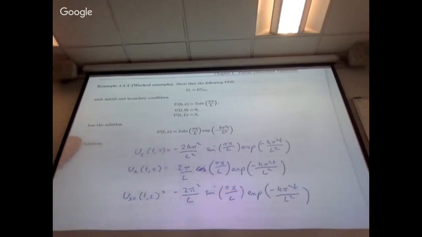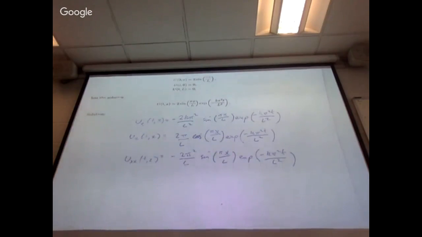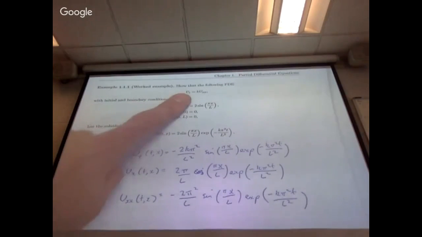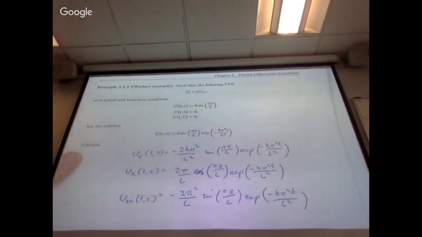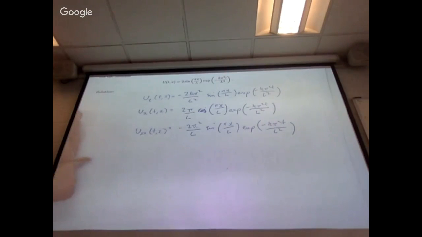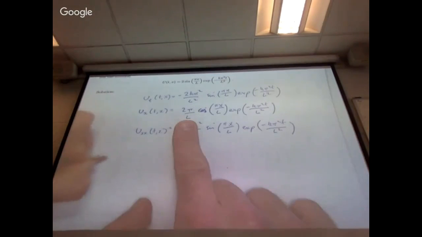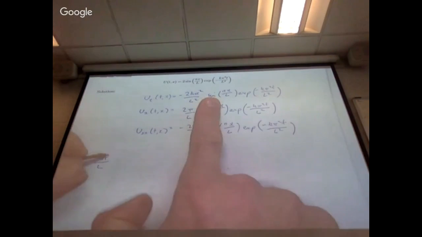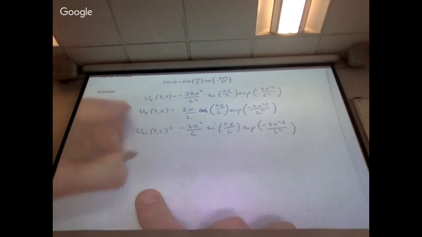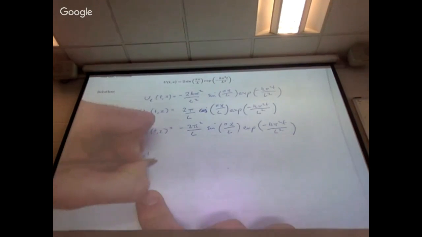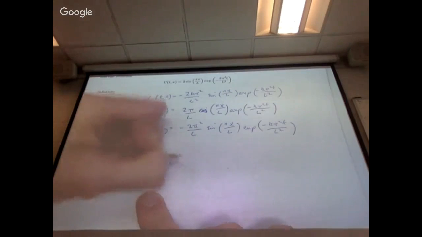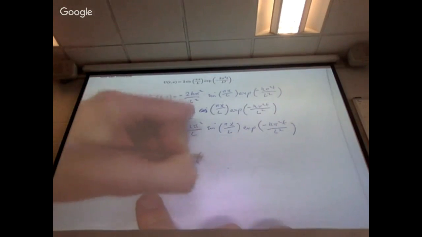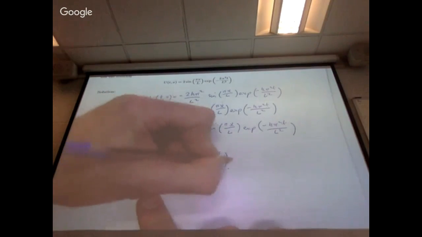Okay, so if I put it together, my equation was ut equals k uxx. So ut on the left-hand side is this. Oops, sorry, it's that. So minus 2k pi squared over L squared sine pi x over L e to the minus k pi squared t over L squared.